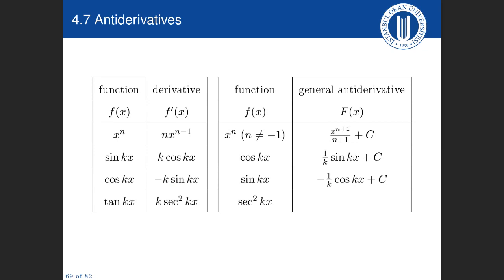And then the bottom line of this table: the derivative of tan is sec squared, so an antiderivative of sec squared must be tan. The general antiderivative of sec squared kx is 1 over k tan kx plus c.